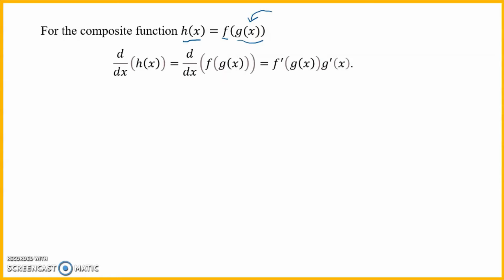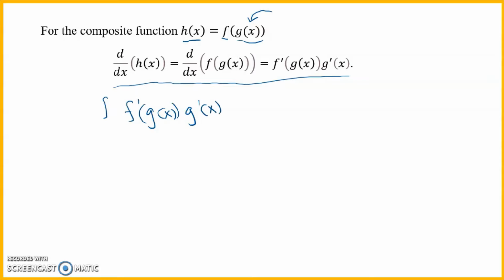Then the derivative for h of x, we will get in the chain rule. Now we can reverse the differentiation. So let's reverse the differentiation. Then we will get this back.